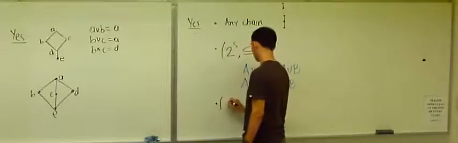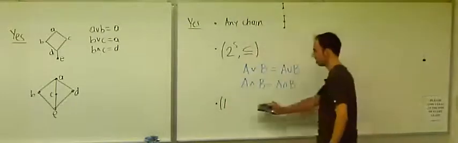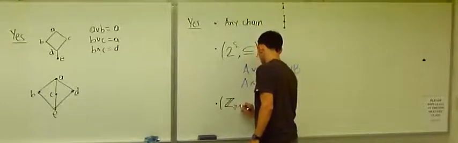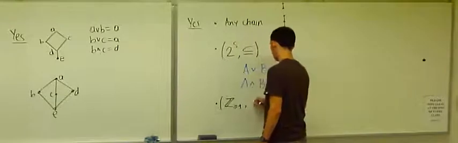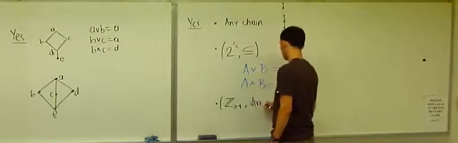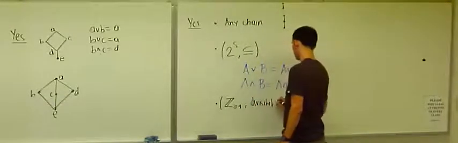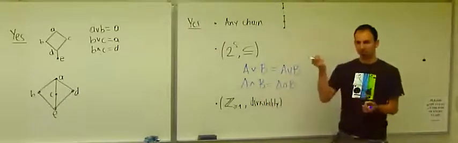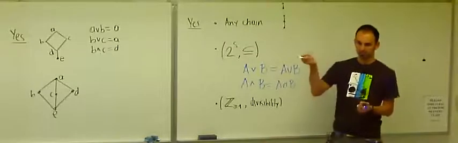Okay? Let's see. Another example is if we take the positive integers ordered by divisibility. So we're going to say that m is less than n if m divides n.